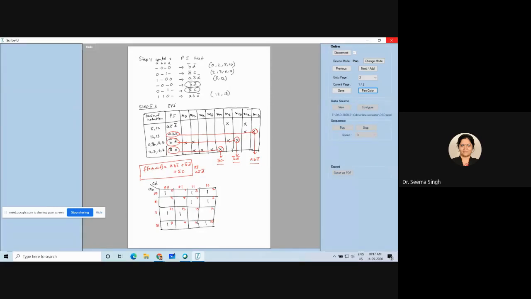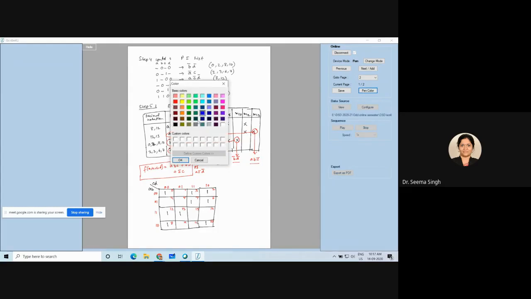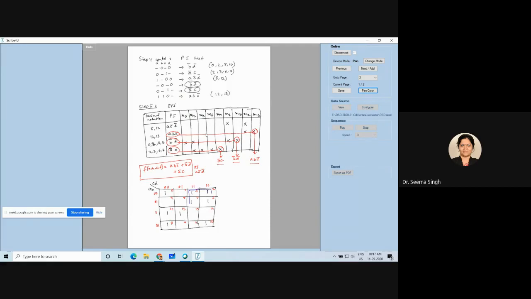So which groups are there? You have big groups. 2 big groups are there. One is this, right? Other one is this.